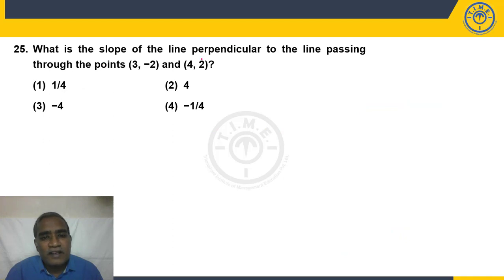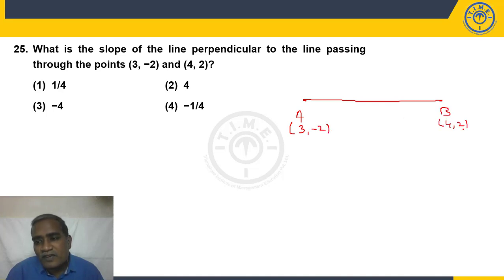What is the slope of a line perpendicular to the line passing through the points? Already I explained. Once again I will explain this problem. This is A, 3 comma minus 2. B, 4 comma 2. I don't want the slope of AB.